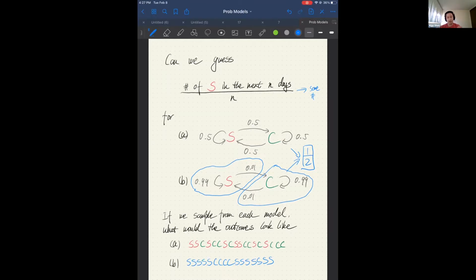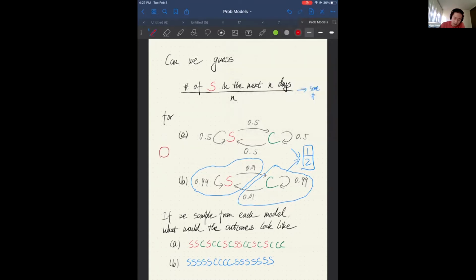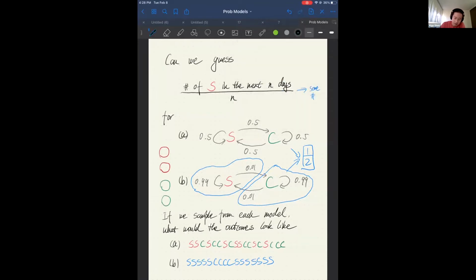Right, so there's a symmetry going on. And another way you can think about this is when we're doing the simulation here, we essentially used these two coins, right? In this case here, you can think that we have a red coin with 2 different sides, and we have a green coin with 2 different sides. I'll just use this black color. So the red coin has S or C, and the green coin also has S or C. Depending on which state we're currently in, we're going to flip either the red coin or the green coin.